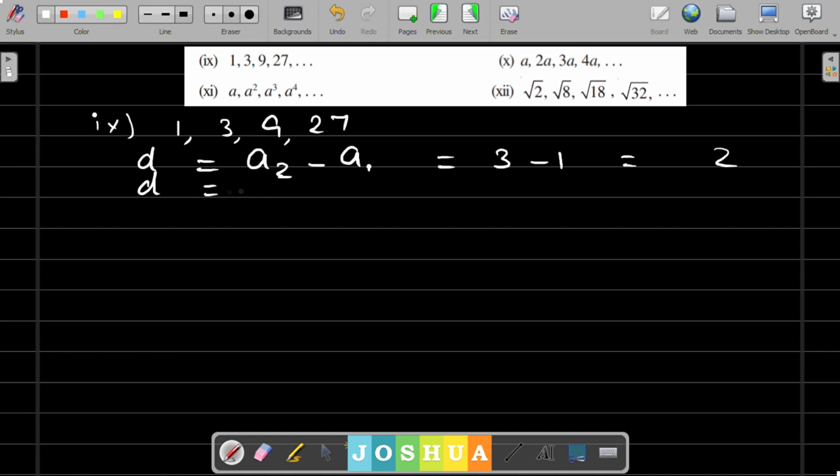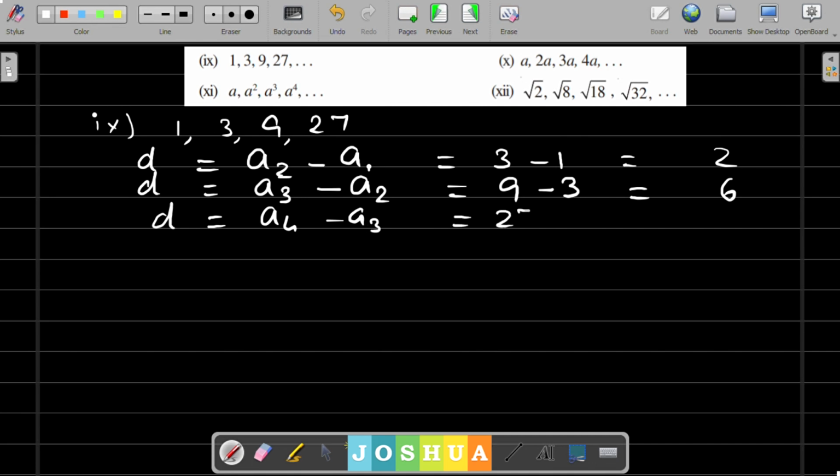Now the difference between the third and second term. A3 minus A2 is equal to 9 minus 3, which is 6. Now the difference between the fourth and third term. A4 minus A3, A4 is 27 and the third term is 9. So 27 minus 9 is equal to 18.